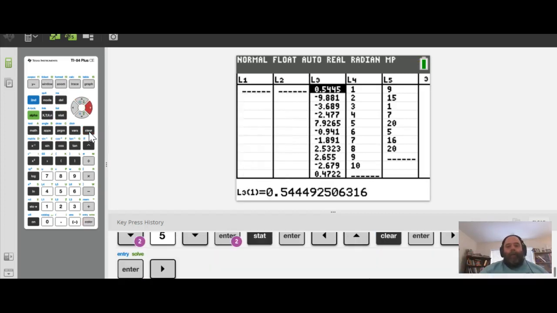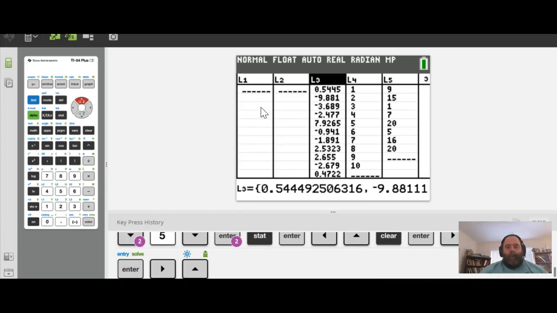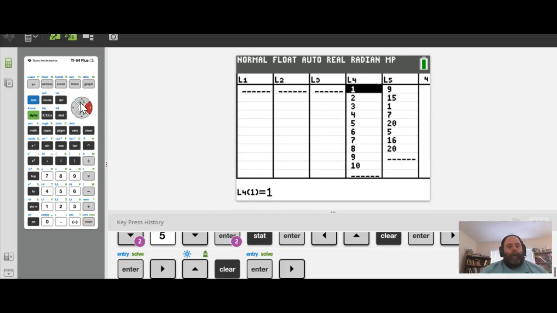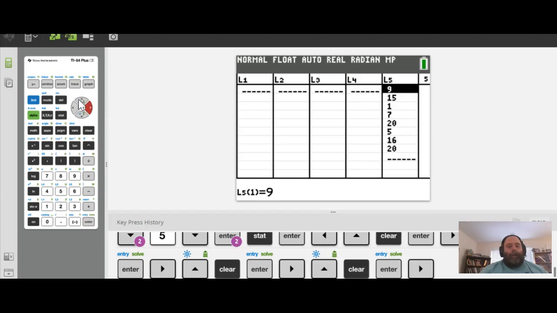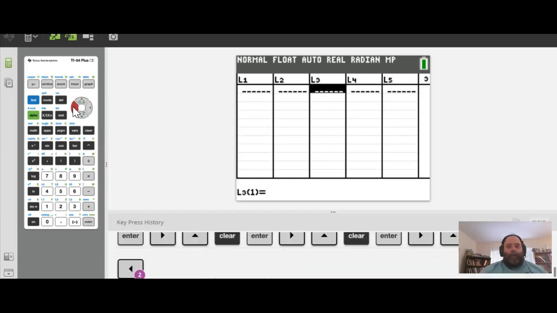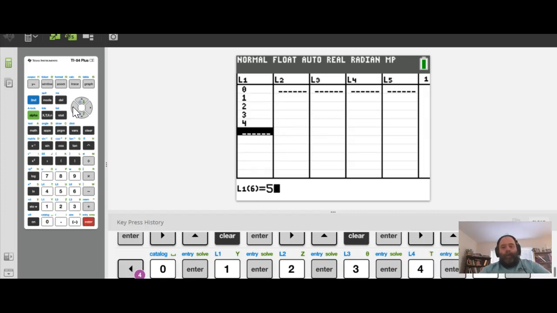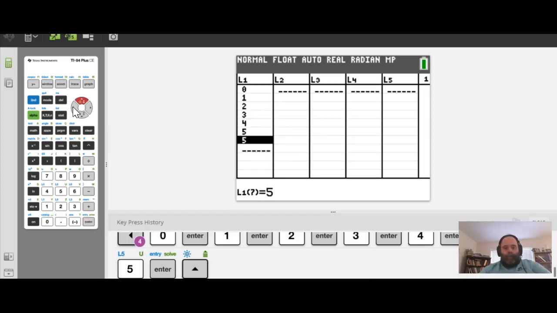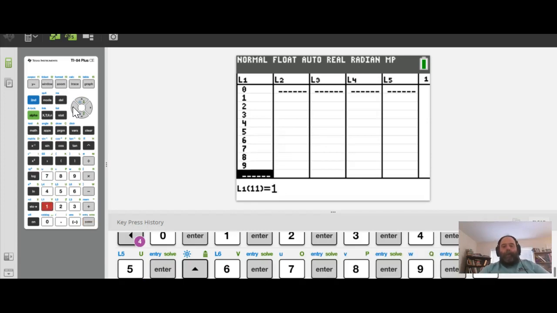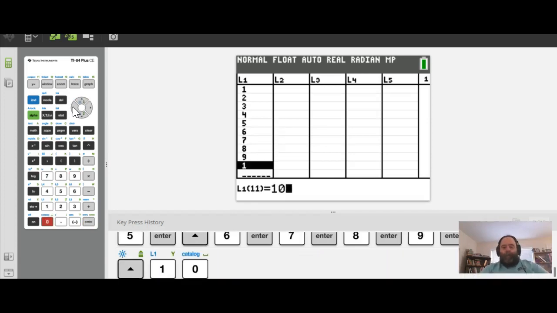Now let's put in the possible outcomes: 0, remember, you can have no successes, so you have to put 0 in there, then 1, 2, 3, 4, 5, 6, 7, 8, 9, and 10. I could get them all right.